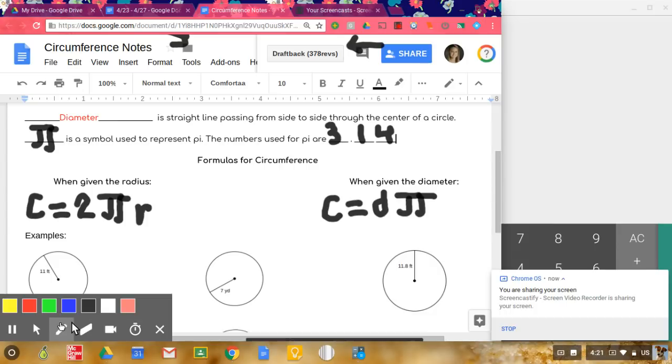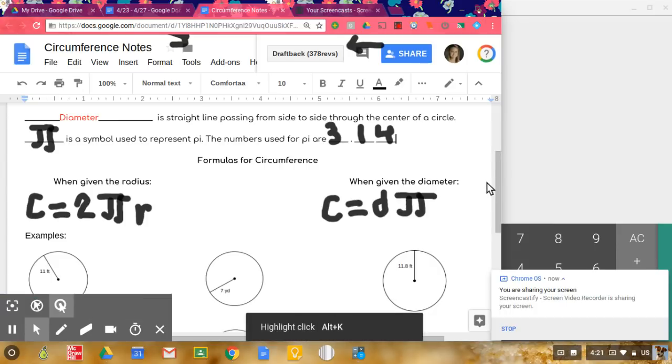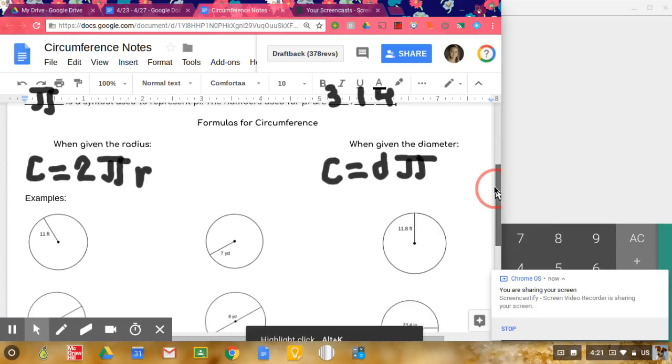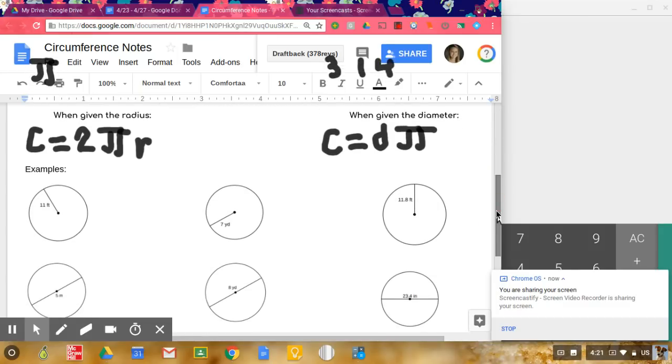All right, time to do the math. On the first 3 examples, it just gives you the radius, which means you're going to use the first formula we did. It gives you a radius of 11.